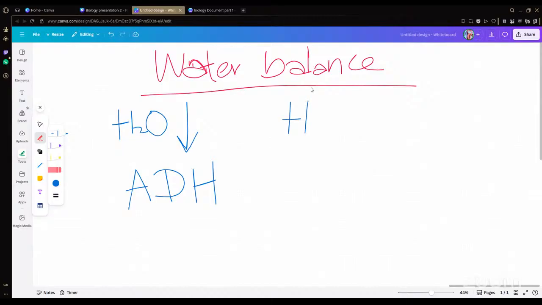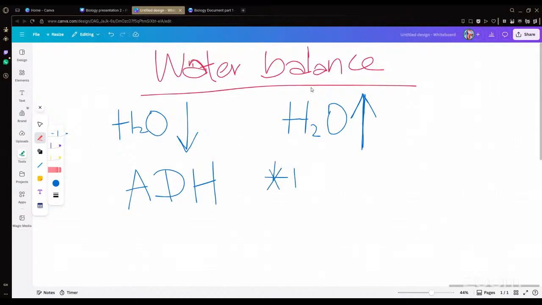At the same time, when the water is really high in your body, there is no hormone involved here. So when the water is high in your body, reabsorption of water by the kidney is reduced.